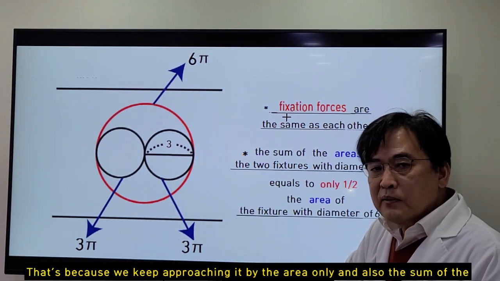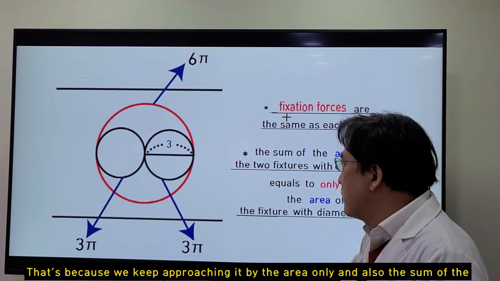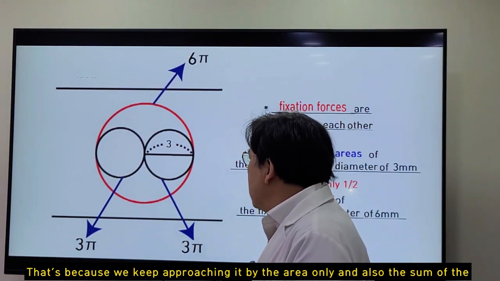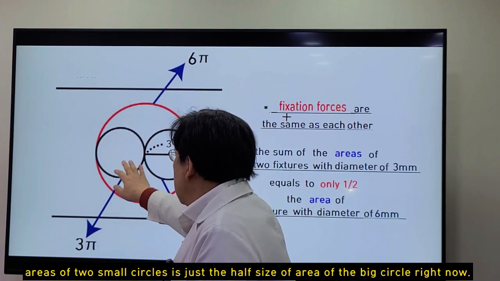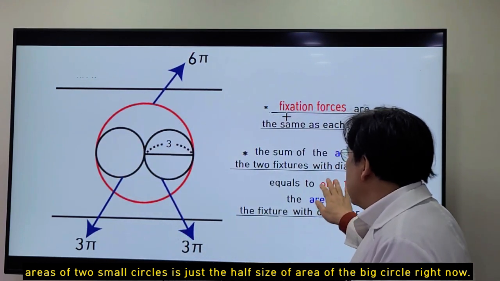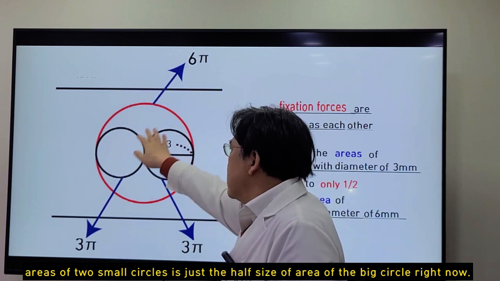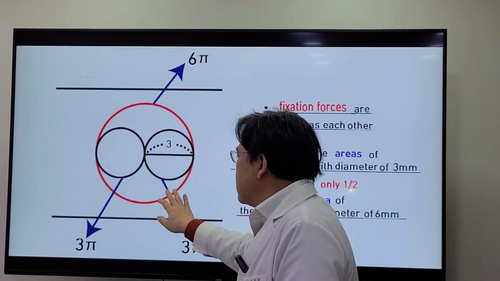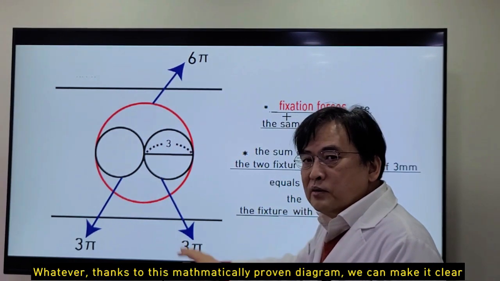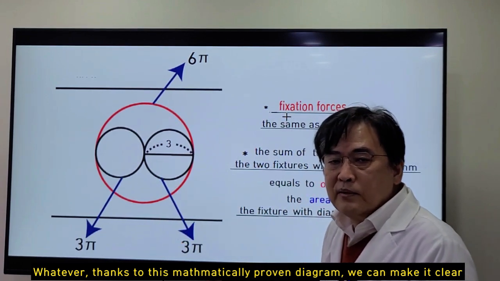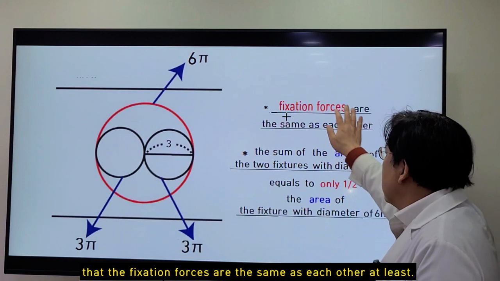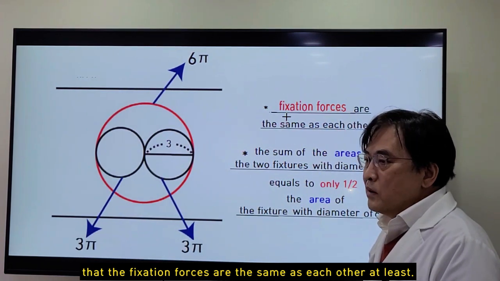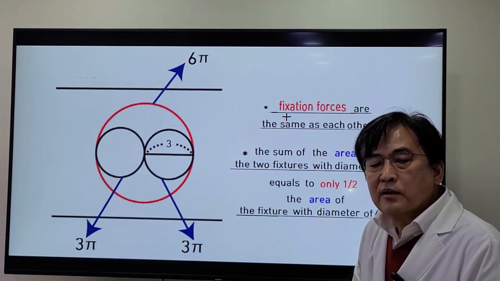That's because we keep approaching it by the area only, and the sum of the areas of two small circles is just half the area of the big circle right now. However, thanks to this mathematically proven diagram, we can make it clear the fixation forces are the same as each other at least.